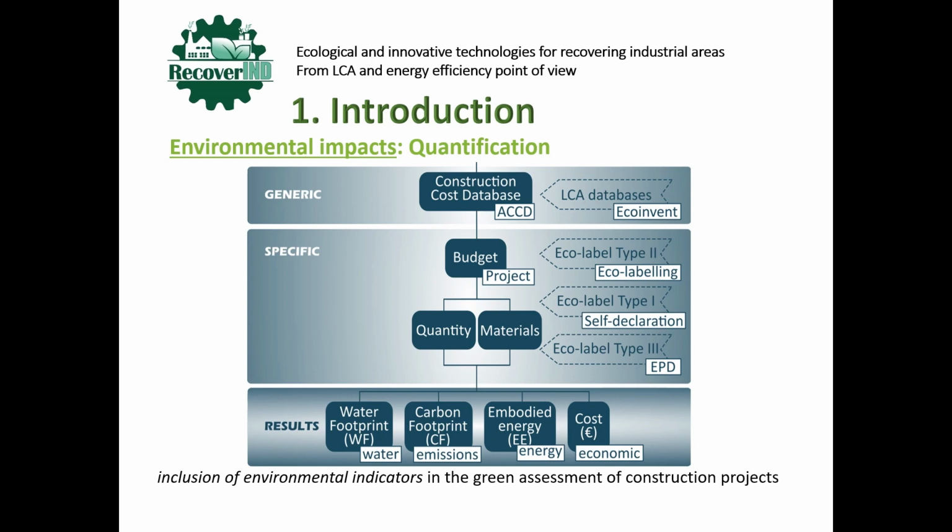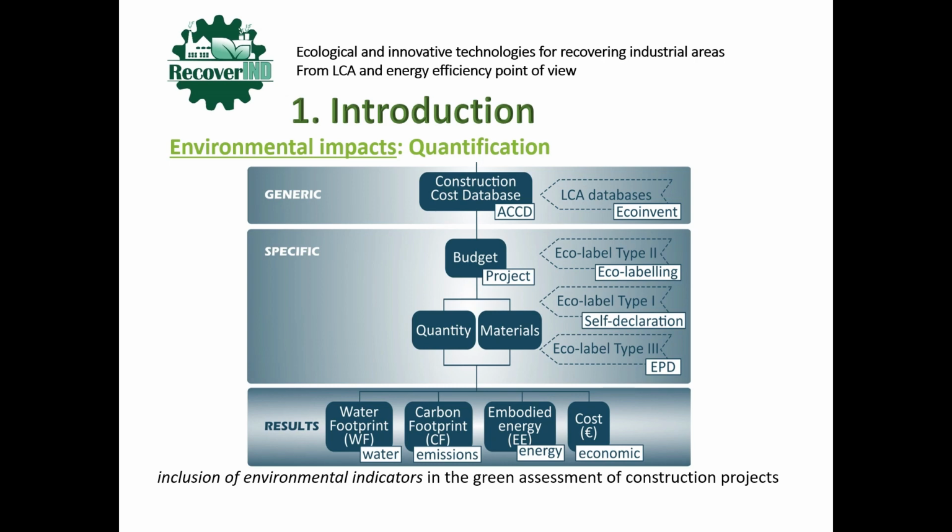And then those are combined with life cycle analysis databases that are generic, for example, EcoInvent. And also we can use environmental product declarations, EPDs, from specific construction materials that show the impact and their life cycle analysis as part of the labeling.